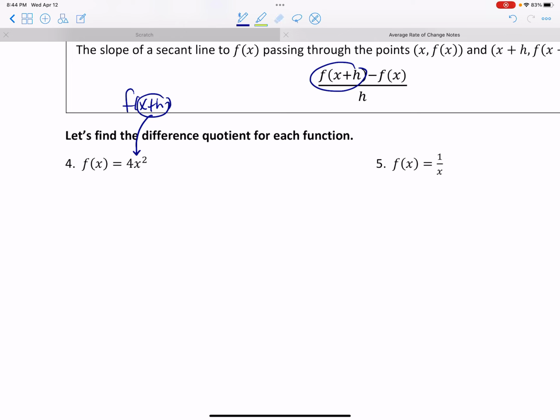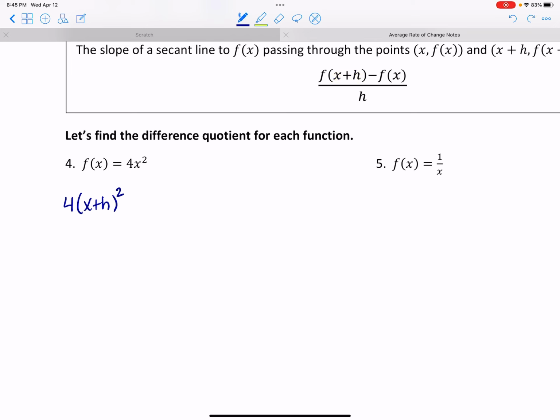So f of x plus h is going to equal 4 times, in place of x, I'm plugging in x plus h, and that's going to be squared. So that's what f of x plus h looks like.